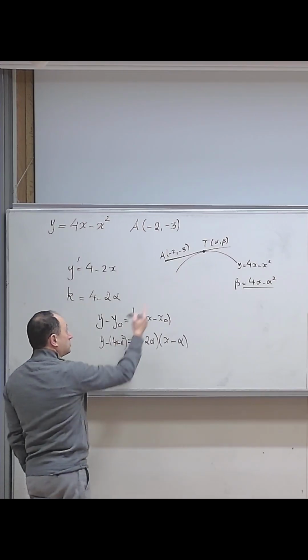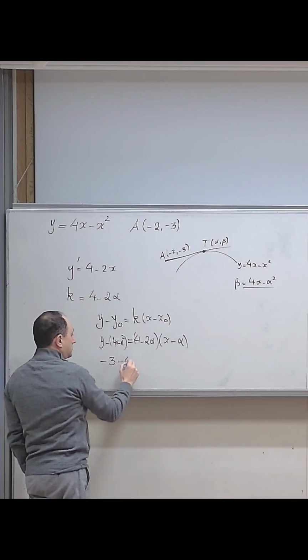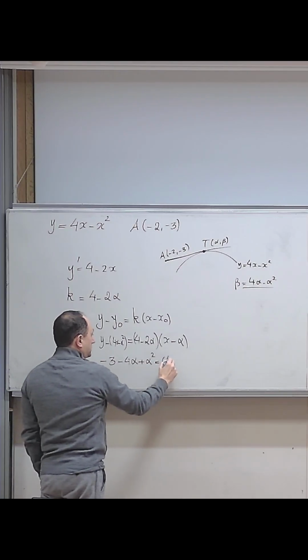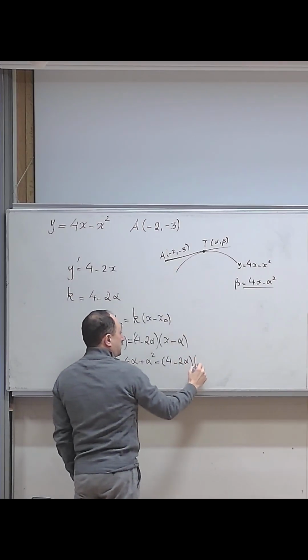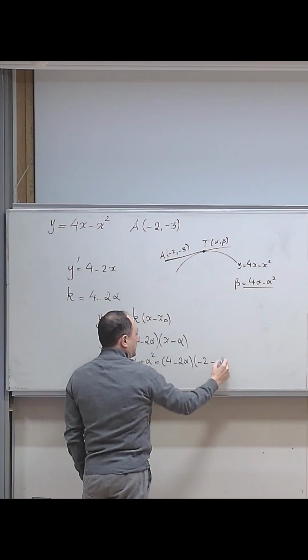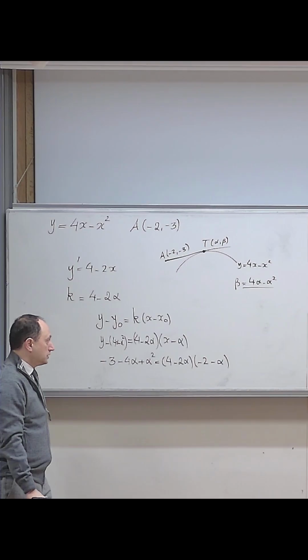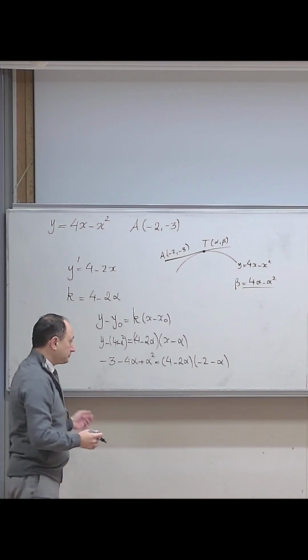So I will do that. Instead of y, I put -3. I multiply the minus sign in, so it becomes -4 alpha plus alpha squared. For x, I put the x coordinate, which is -2, and then minus alpha. And you see that this is just an equation in one unknown. I will solve it and find alpha, put alpha back here, and then I have my equation.